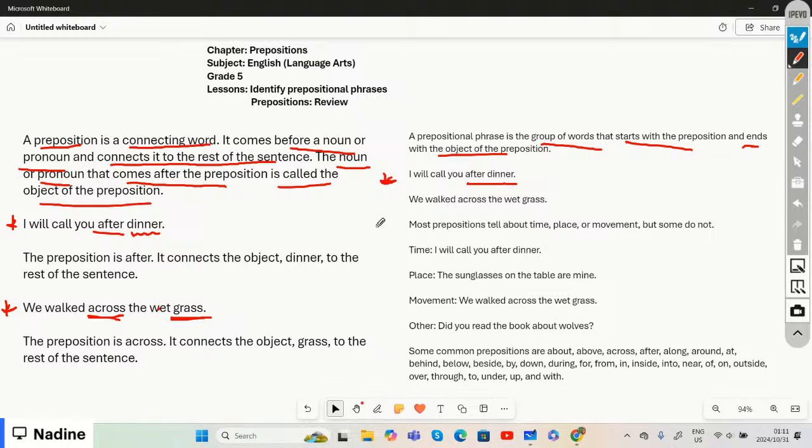The next one says, we walked across the wet grass, which means that our prepositional phrase is across the wet grass.